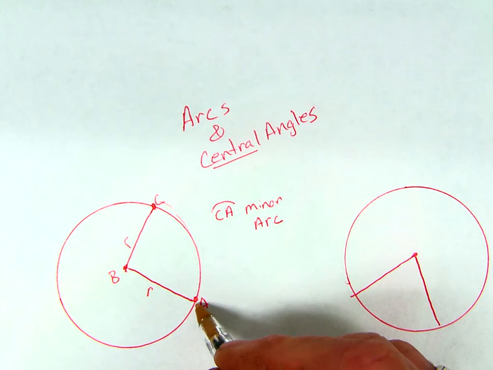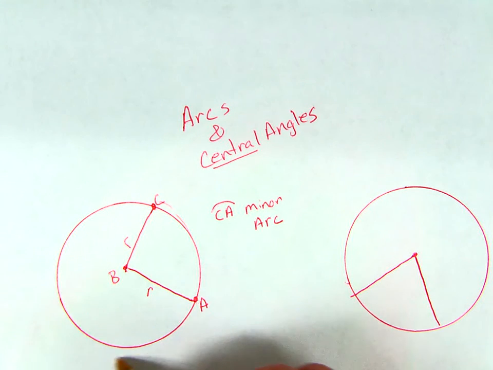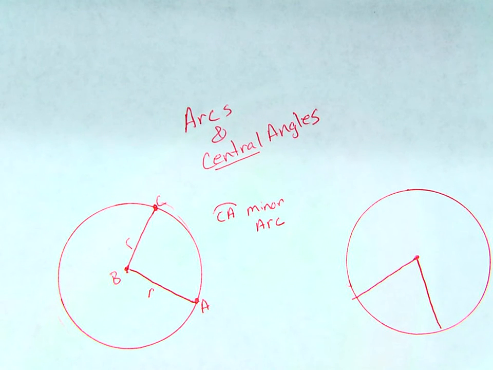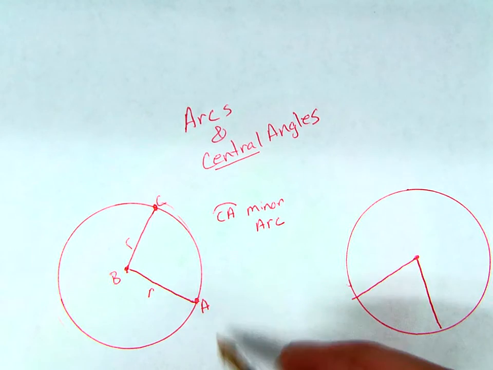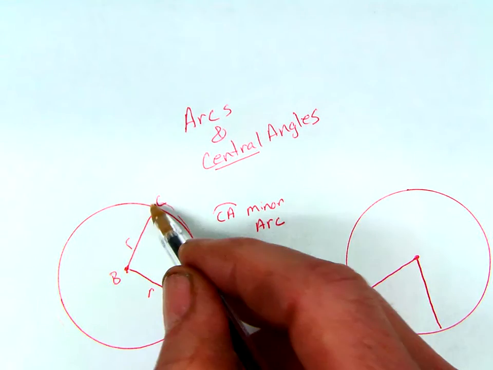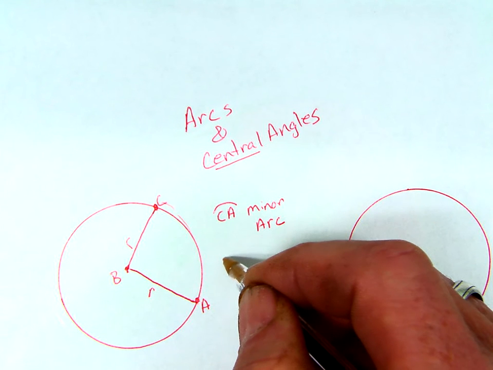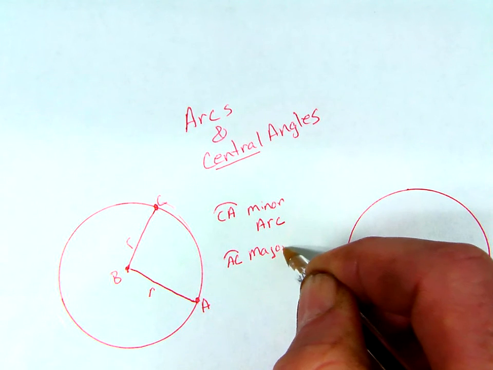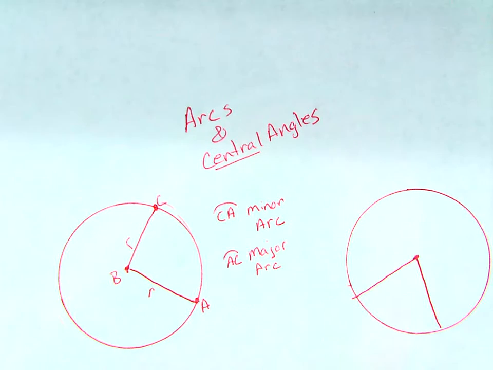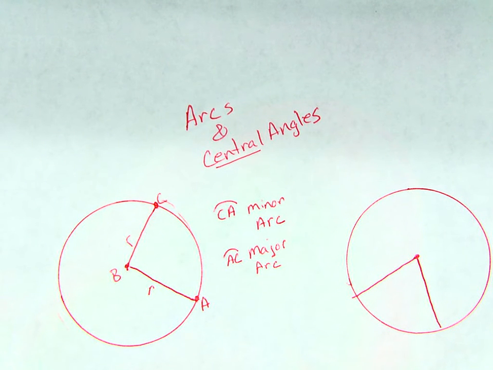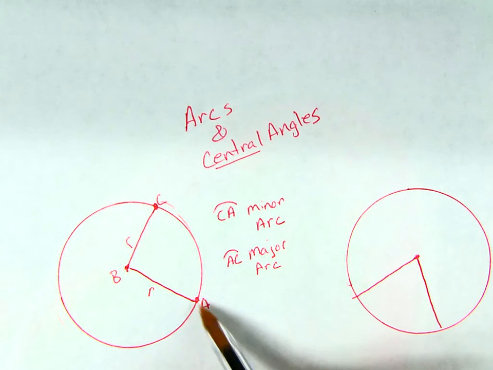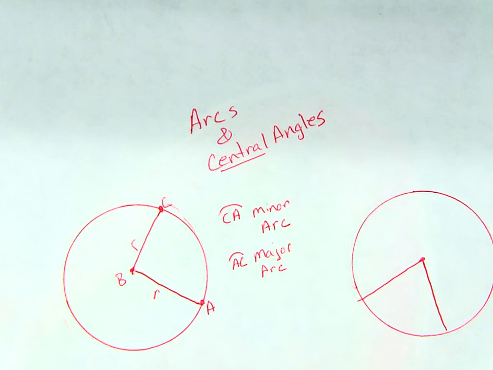The other arc is the one that starts here at A and goes all the way around to C on the outside of the angle. It goes from A to C again in a clockwise manner. So arc AC would be called the major arc. Major arc is always the longer one, the bigger one. Minor arc, CA. Major arc, AC.